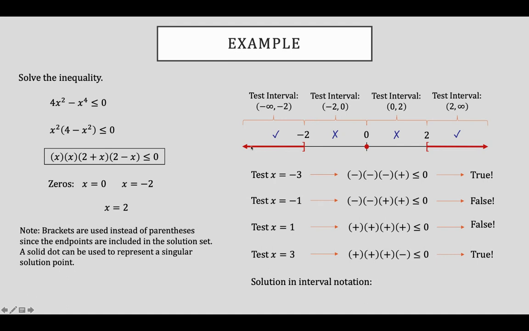This gives us negative infinity, comma, negative 2 with a bracket, in union with 0 on its own, that's its own value, in union with bracket 2, comma, infinity. Again, notice the brackets mean that those values are included. And there you have it, solving polynomial inequalities.